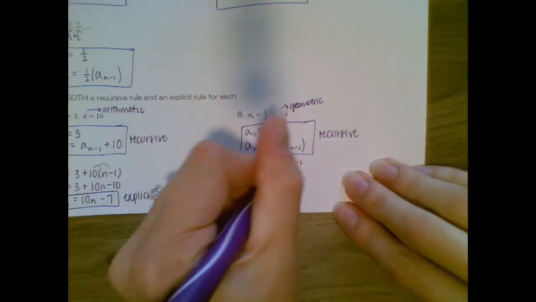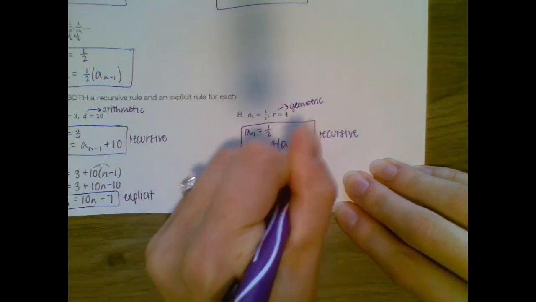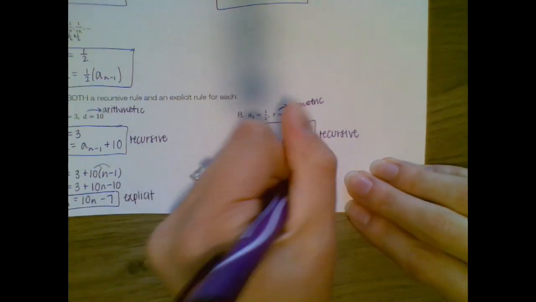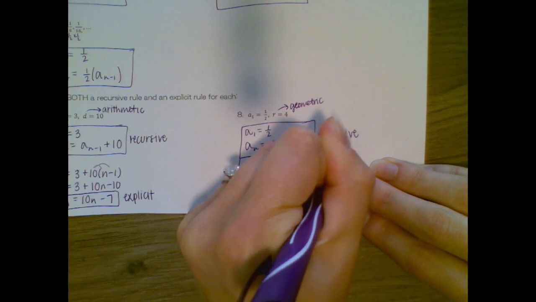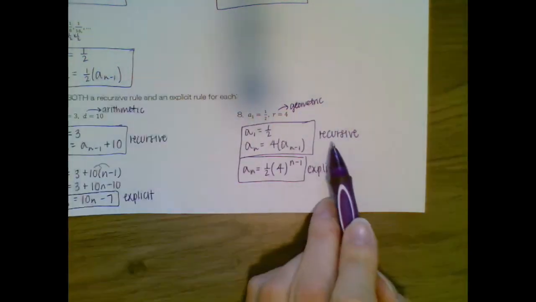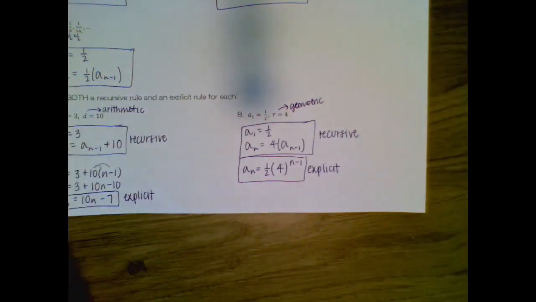There's nothing to simplify there, because remember, you cannot multiply these because this is being raised to a power, so this is the explicit. Make sure you guys are labeling which one's the explicit and the recursive, because that does matter, okay?